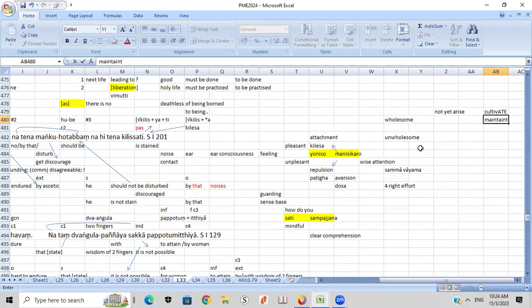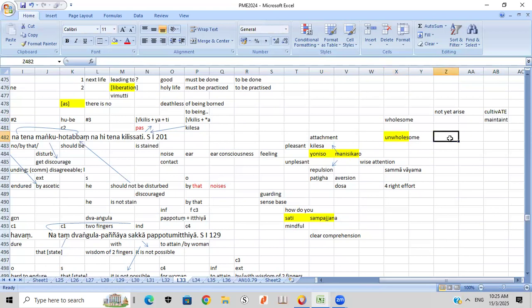The unwholesome is also the same: not yet arisen, and arisen. Not yet arisen is where you prevent. You use sati sampajana to prevent it from arising. But if it has arisen already, now we are talking about the unwholesome, because these two are unwholesome, then you use yoniso manasikara to remove it, pahana.